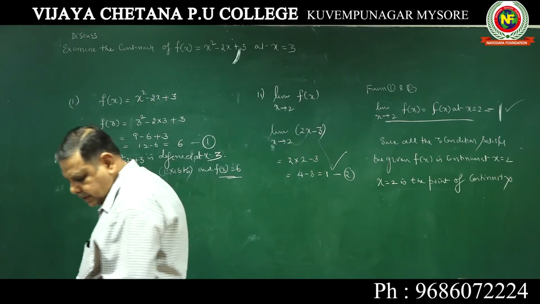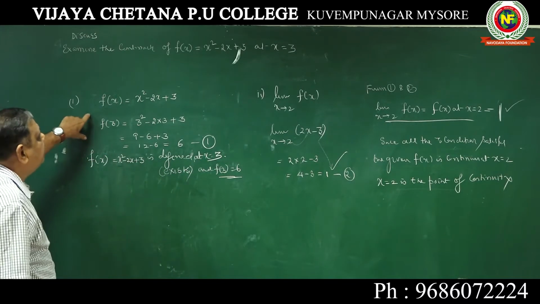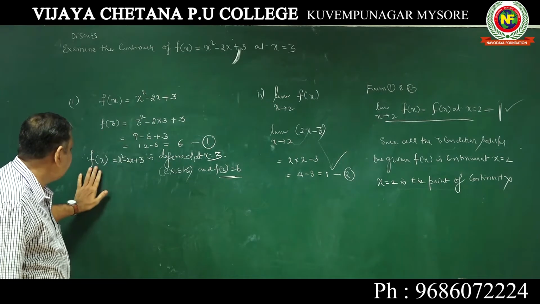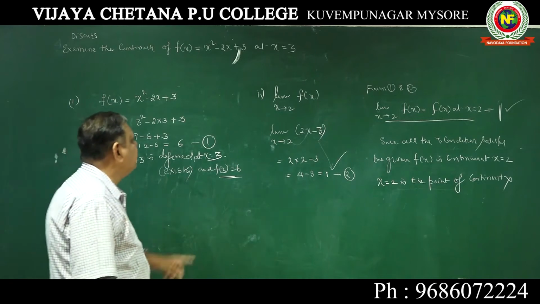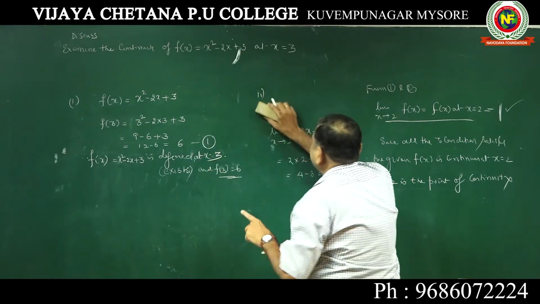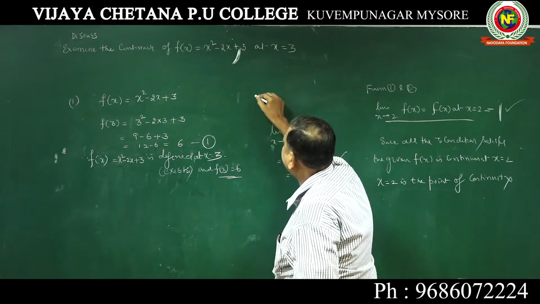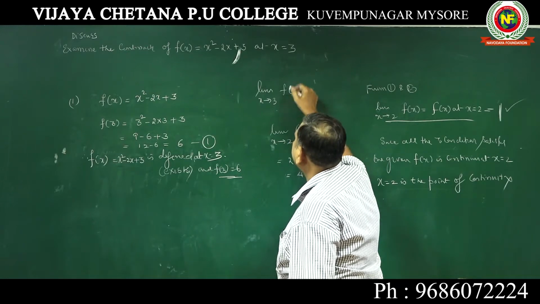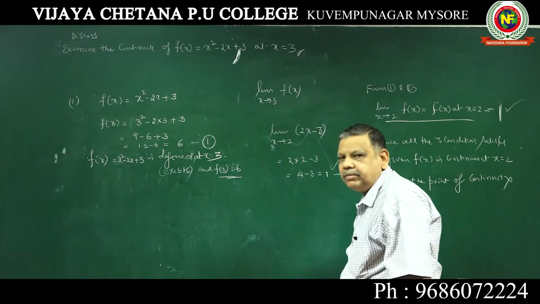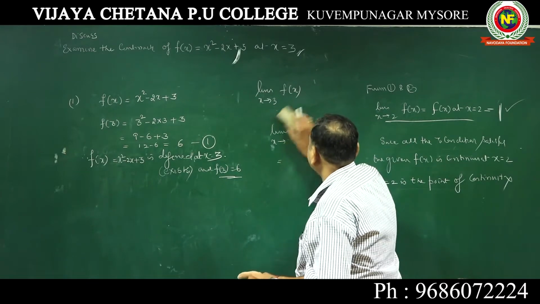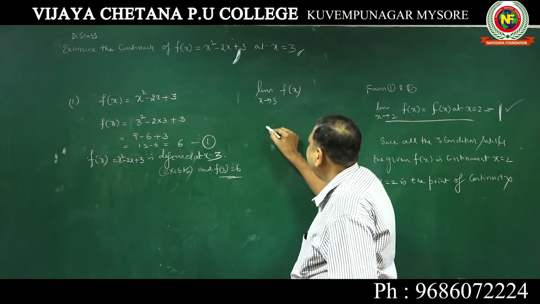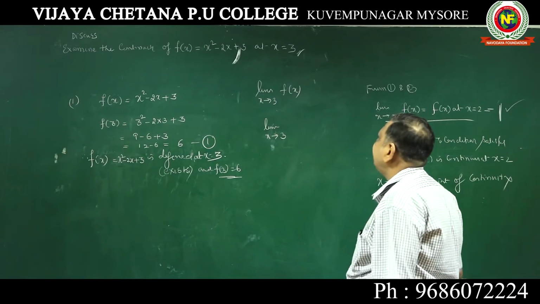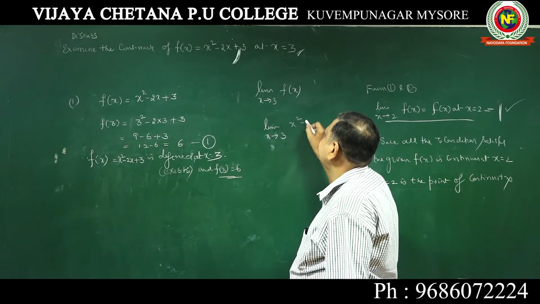Understood? Take f of x and take f of 3. Now calculating, f of 3 is defined and it is equal to 6. Now you take the limit. Now you should go for the second condition. Limit extending to 3 of f of x, because he is telling us the point of continuity at 3. Limit extending to 3 of f of x, where f of x is x square minus 2x plus 3.